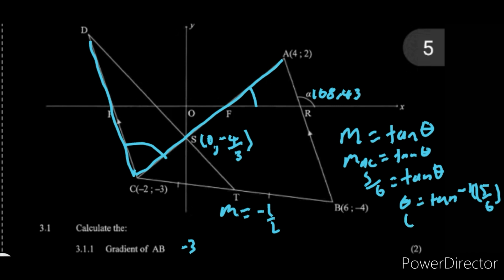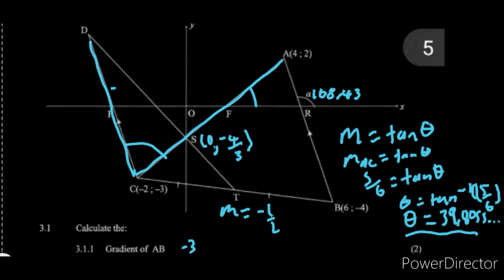Let's figure out what this gives us. This will give us 39.8055... So we found the angle of inclination of this part.